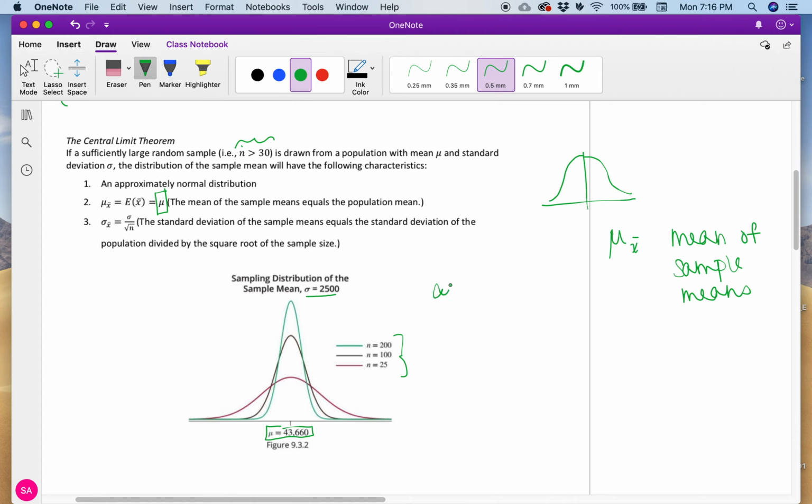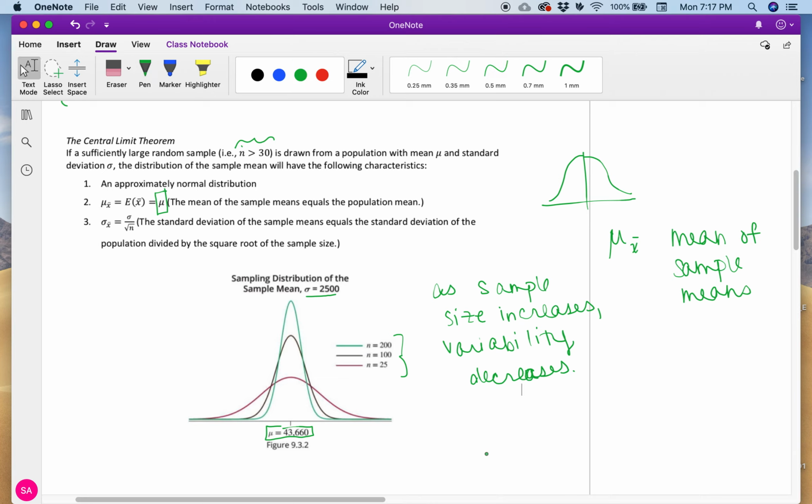So as sample size increases, variability decreases. There we go. That should say decreases. Anyway, so that is the central limit theorem.